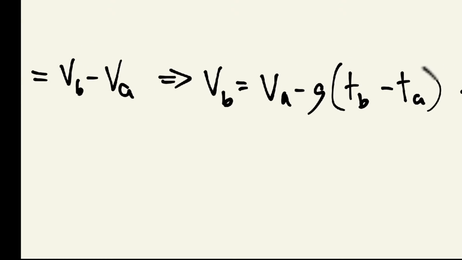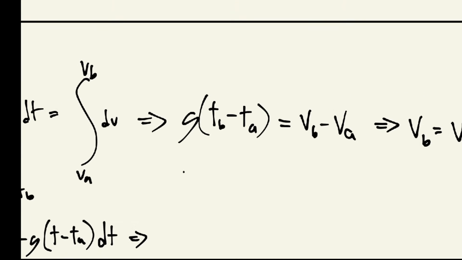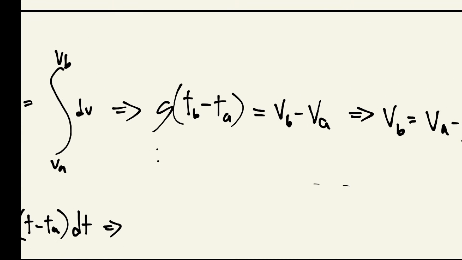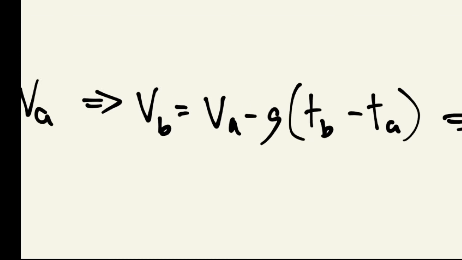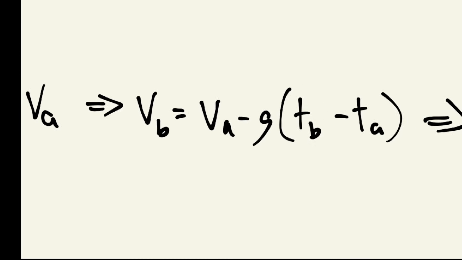Like v sub b, if v started out going up and gravity is going down, then v sub b has to be whatever it started off minus a certain amount.